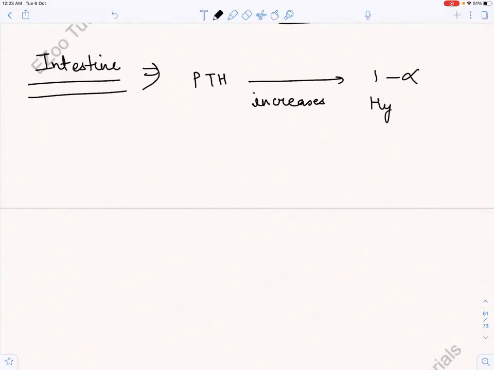It increases the activity of 1-alpha hydroxylase enzyme. What is this enzyme doing?